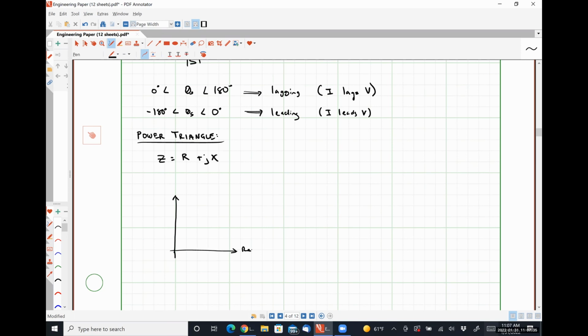So here we have our real axis. Here we have our imaginary axis.